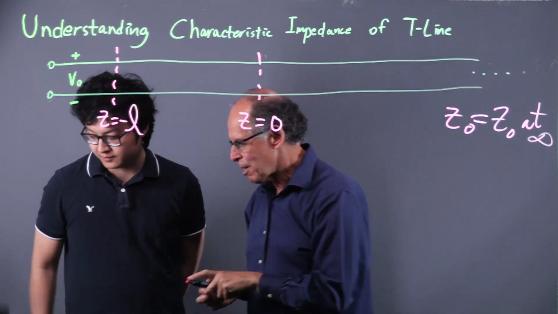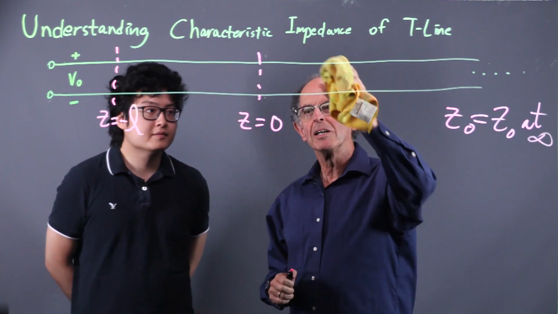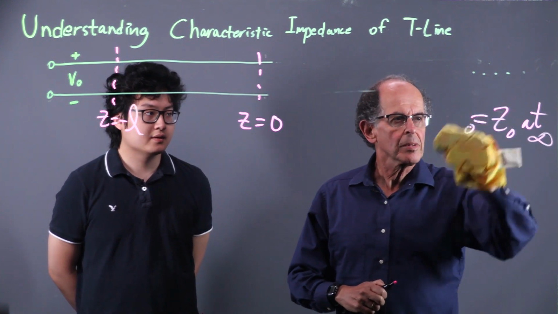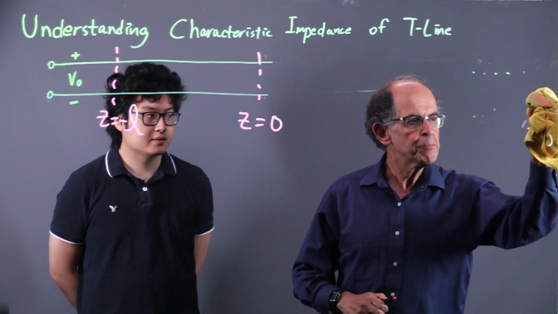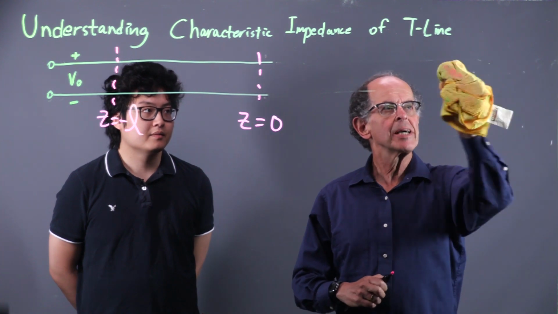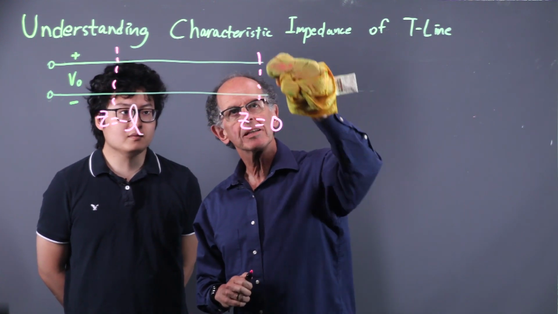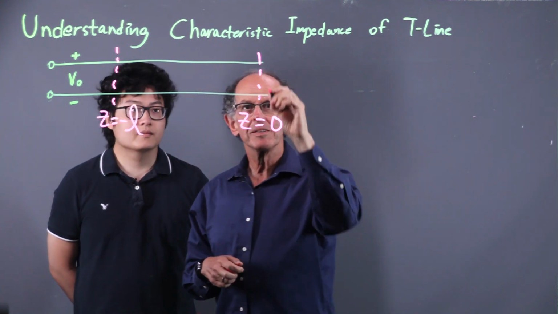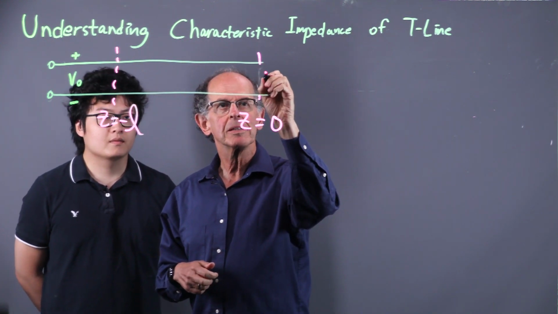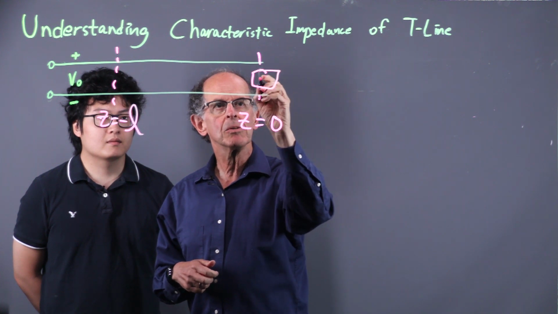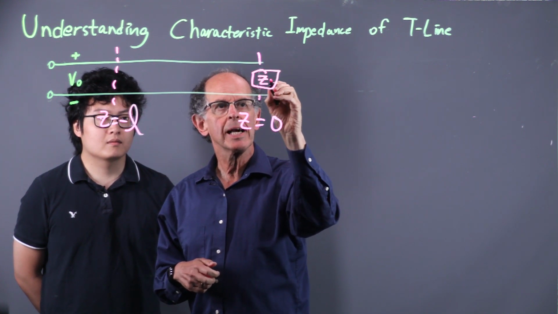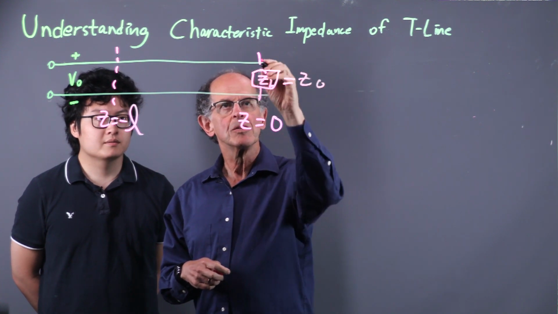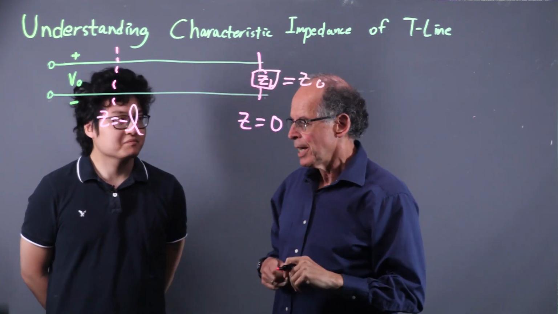So we can erase everything here and replace all that line by a load, as Sam just said, equal to Z naught. So we can draw in our little load here, and that load is ZL for load, and that's equal to Z naught. So there we go. Looks good.